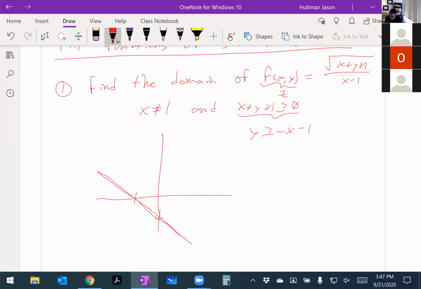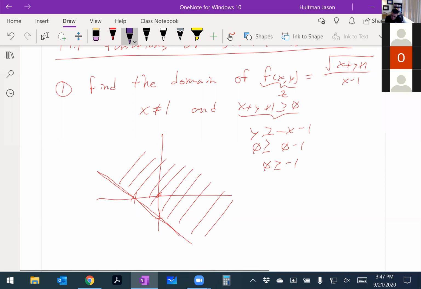Well, if we test the point 0, 0, is 0 greater than -1? That's true. So it's everything above the line that's graphed. Okay, except this line here at 1, when x is 1, we cannot have this region here. We can have everything else except for that.